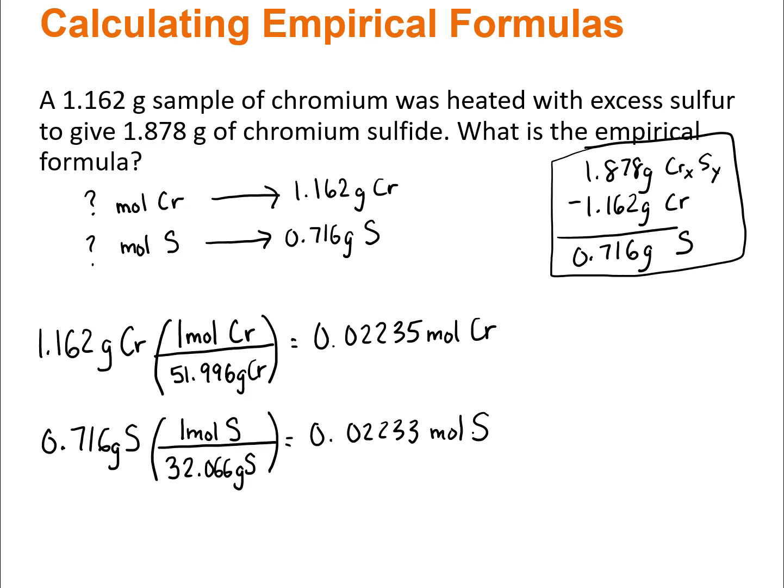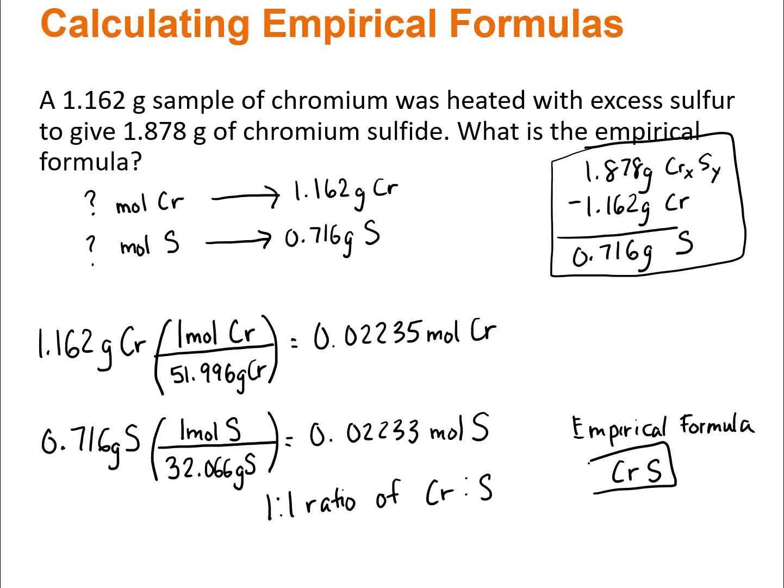So we've got about 0.022 moles of both the chromium and the sulfur. That means that we've got a 1-to-1 ratio. So our empirical formula is going to be CrS.